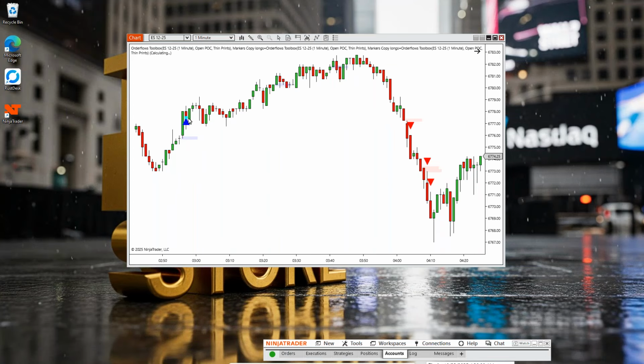So now we have two instances of the same marker copy copying the same signal. I save some time by not needing to set all the parameters, but of course I need to change the name and also change the plot.